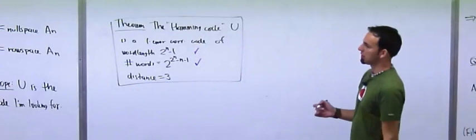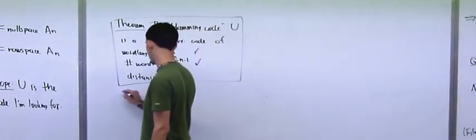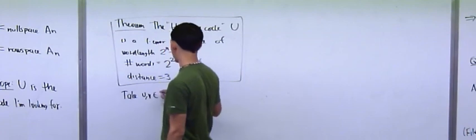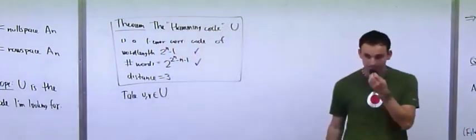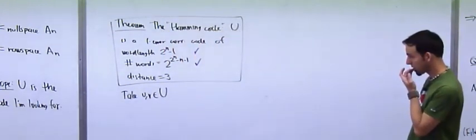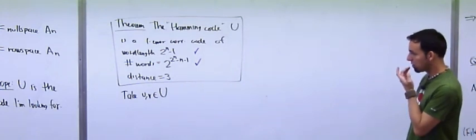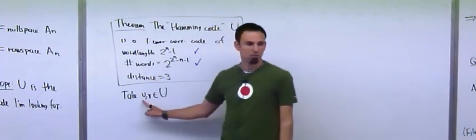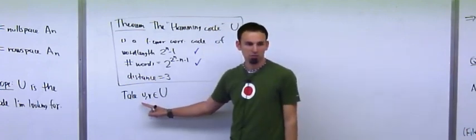So let's show that. Let's take two words U and V in the Hamming code. Now, again, what is the length of these guys? Well, the length is 2 to the n minus 1.